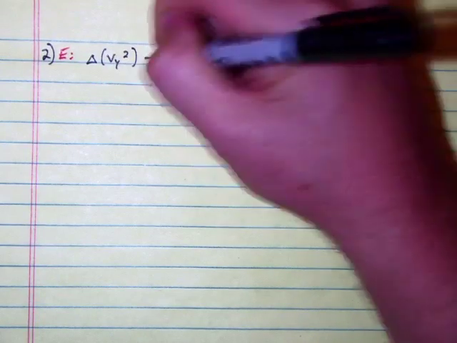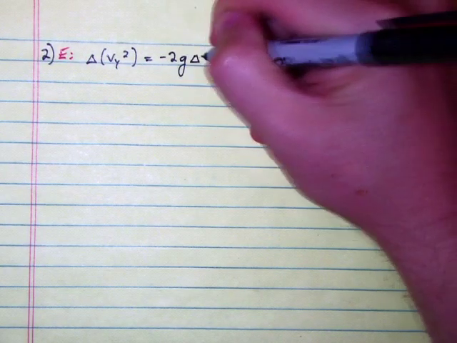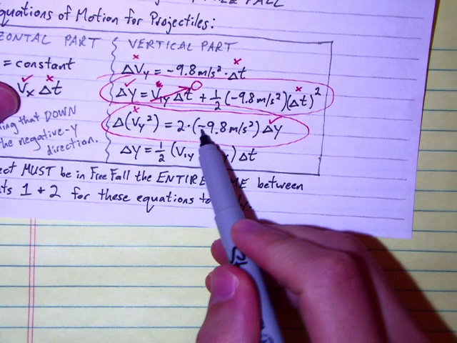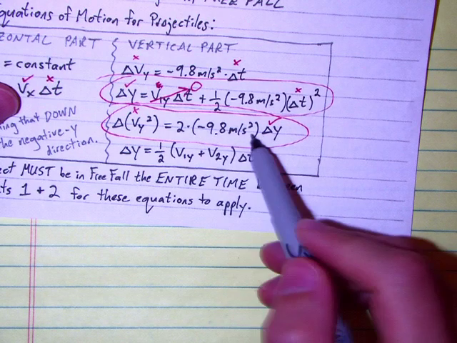So the equation that we're going to be using is delta vy squared equals negative 2g delta y. It's negative 2g delta y because there's a negative, there's a 2, and g is just the positive 9.8 meters per second squared here.